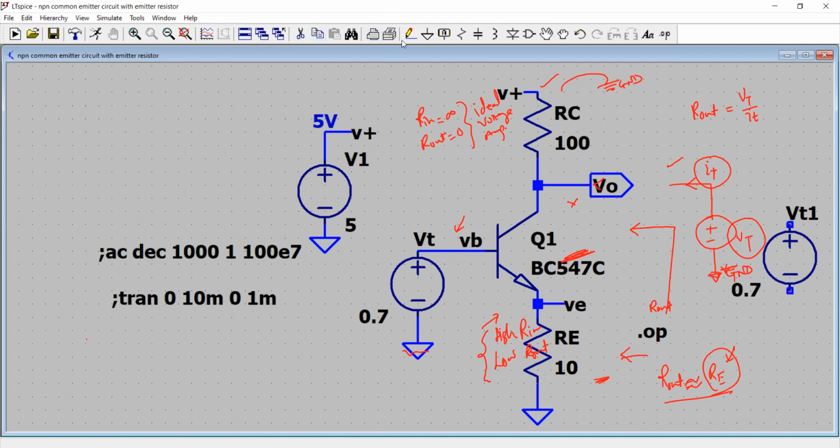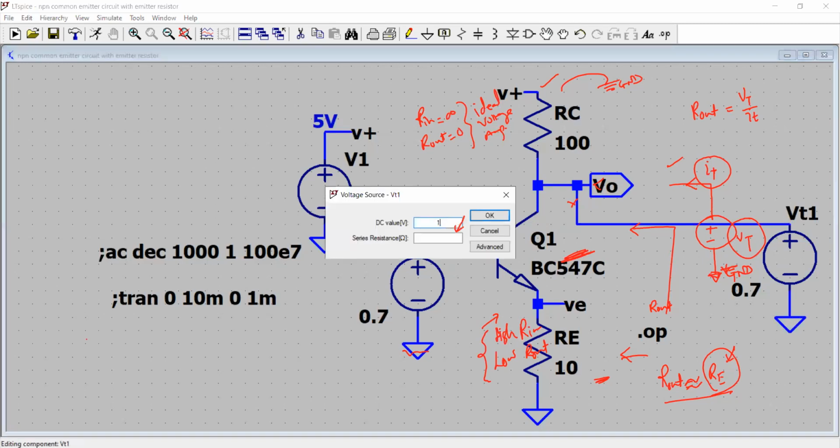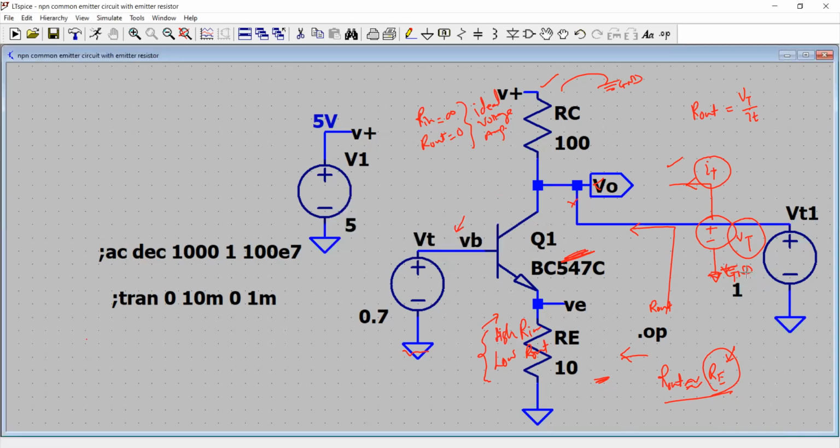Then take the ground, place it here, and click OK, then connect the wire here and here. And let's say we are applying a test voltage of 1 volt and divided by the current will be our output resistance.